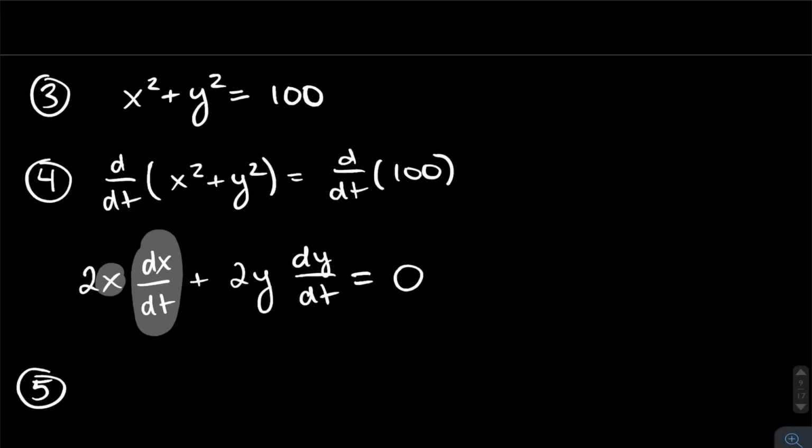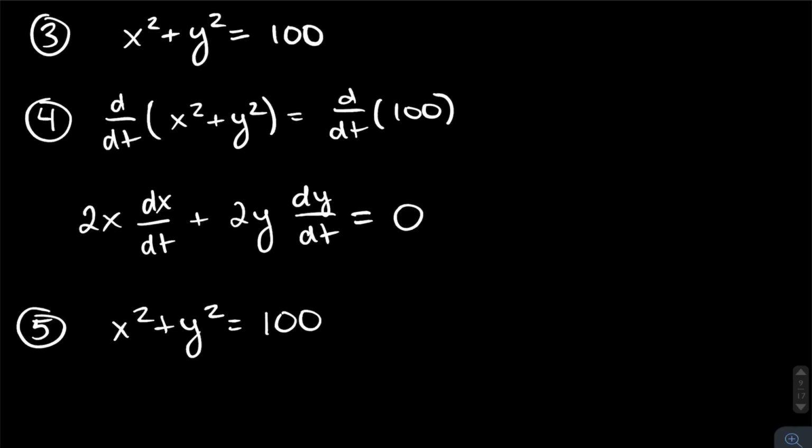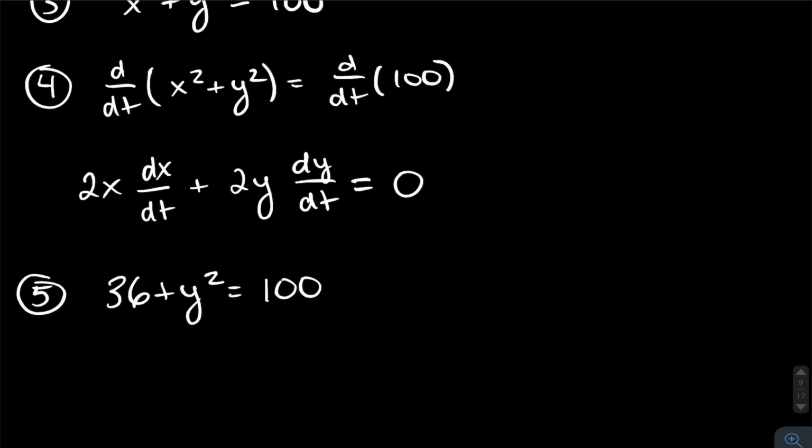Okay, how do we find that? Well, we can use the Pythagorean theorem, right? We know what the hypotenuse is, we know what the x is, so we can just find what the y is. Okay, so let's do that. And then we have no unknowns except for what we're actually trying to find, and that's dy dt. So we'll write down x squared plus y squared equals, well, it's 100, right? That's our equation from before. X here is 6, so that gives us 36.